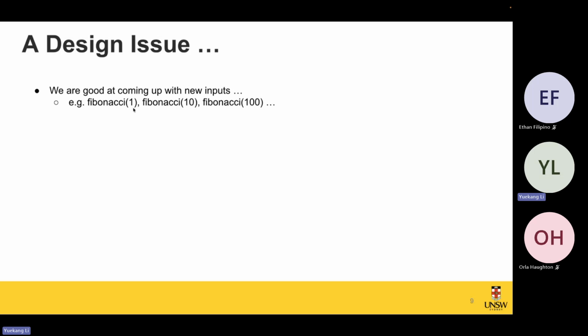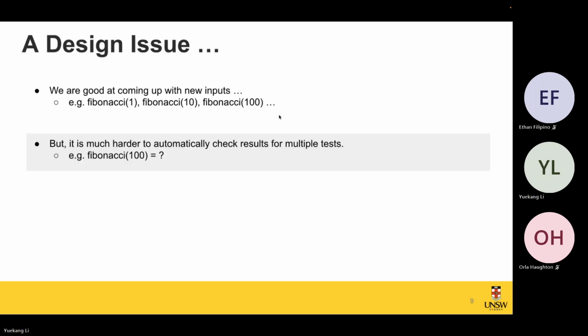We can easily come up with the test inputs 1, 10, and 100, right? It's very easy. But it's much harder to generate the expected output. It's somewhat easy to generate the expected output for 1 or maybe even 10. But what about 100? It's hard to actually know this expected output beforehand, right?